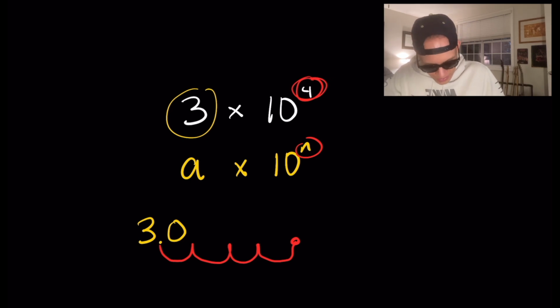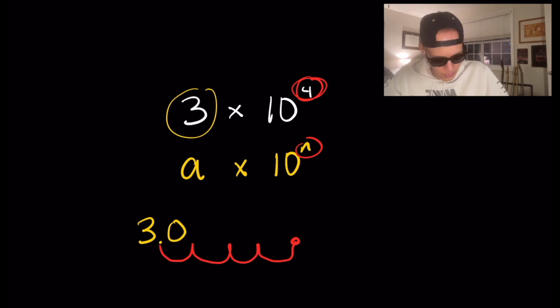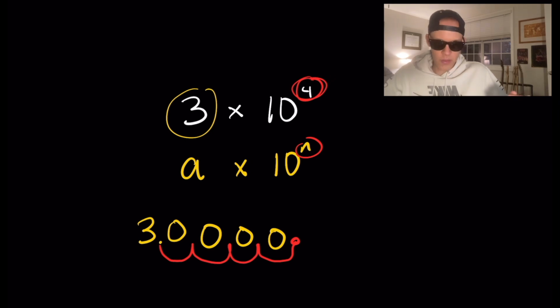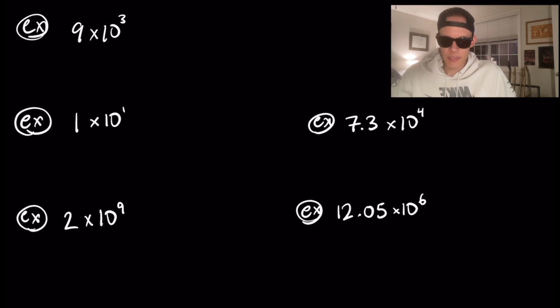Then in these spaces, we're going to put zeros. So converting 3 times 10 to the 4th, which is scientific notation, to standard form, a regular old number, gives us 30,000.